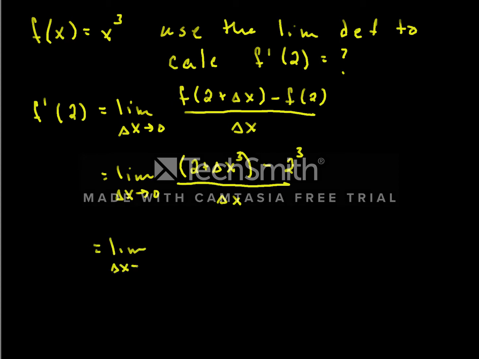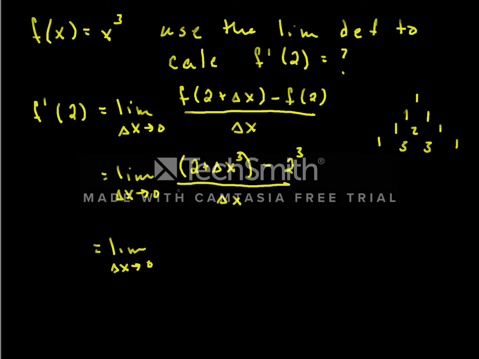Cubing this out, I'm going to use my little tree. So 1, 1, 1, this is for squares. These are my coefficients for cubes, so I know it's going to be 1, 3, 3, 1.